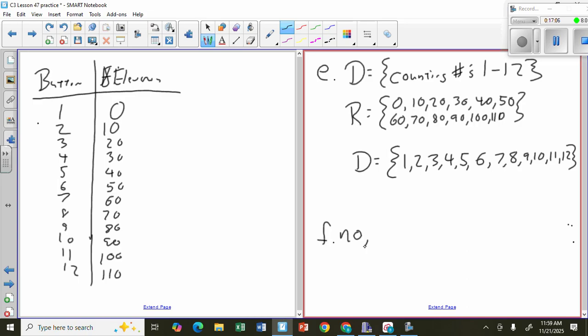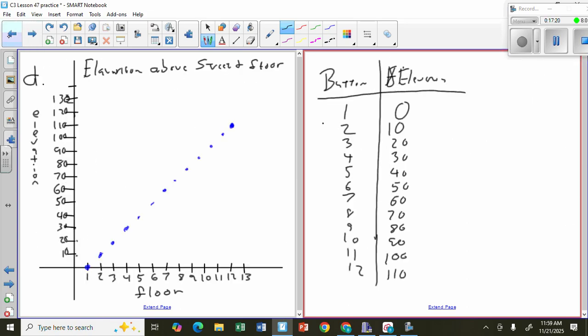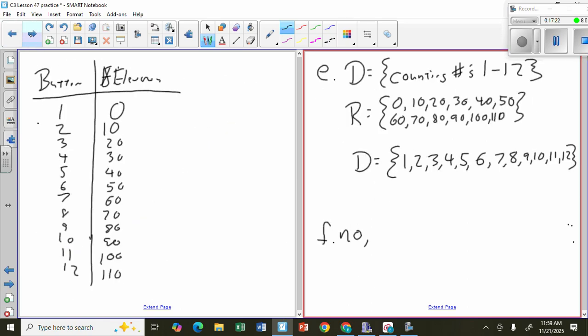Remember, proportional has to be a straight line. Are the dots in a straight line? Yes. So it meets that requirement. But it's a straight line that goes through 0, 0. Does your graph go through 0, 0? No. If you need to look back, no, it doesn't. So no, it does not pass 0, 0.